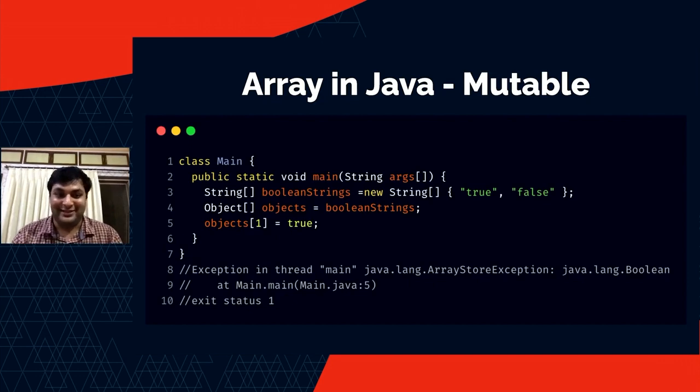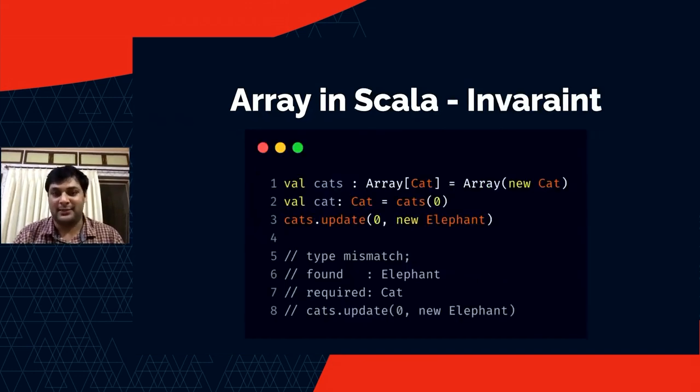So we are equating it to true. The Java compiler will not give any error, but at runtime, we will get this ArrayStoreException. In Scala, we refrain from such runtime exceptions. Instead, our compiler is good enough to catch this. How? It is mutable, and therefore we make it invariant.